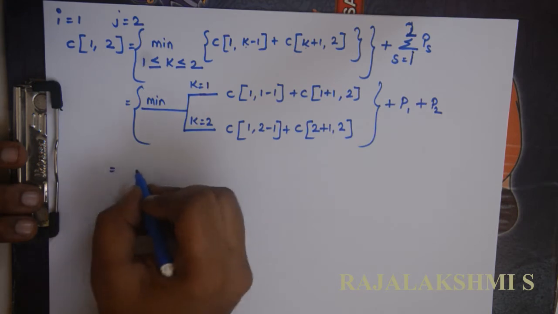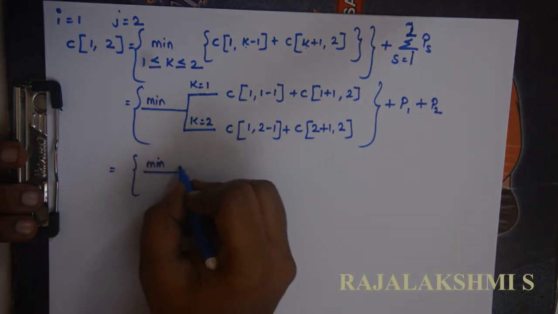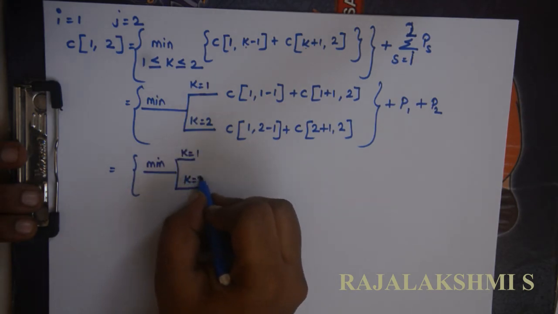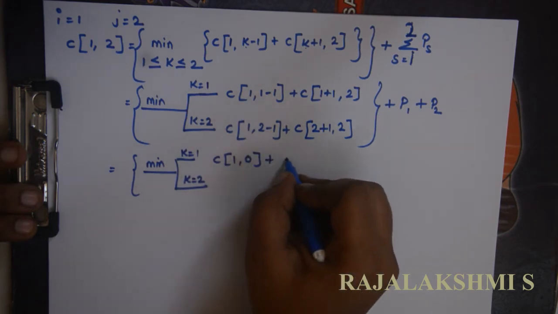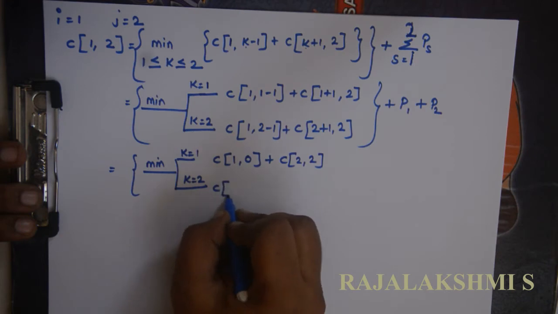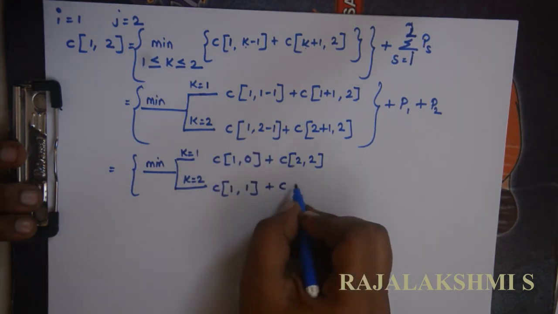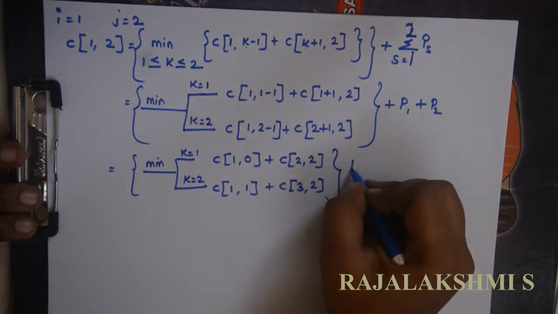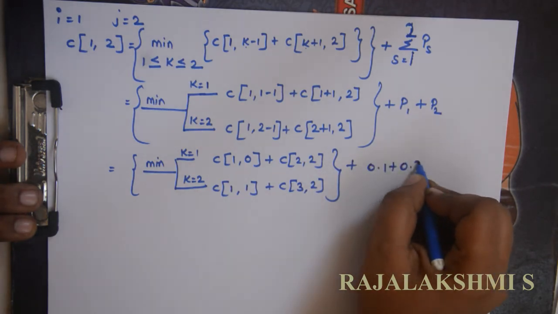Okay, so now here we are having minimum over k is equal to 1, k is equal to 2, C of 1 comma 0 plus C of 2 comma 2, C of 1 comma 1 plus C of 3 comma 2, plus P1 is 0.1 and P2 is 0.2.